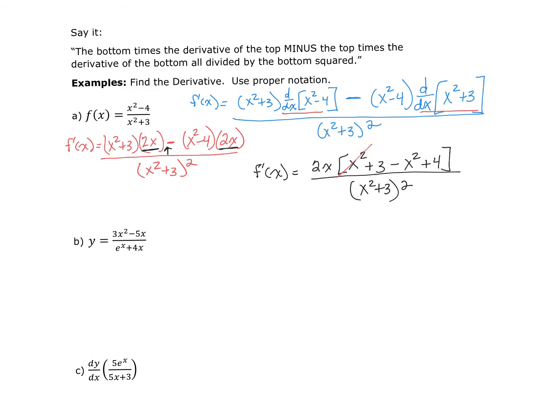And x squared minus x squared is going to add to 0. Our 3 plus 4 is going to add to 7. So we'll write the 7 here. So our final result is going to be 14x over x squared plus 3 quantity squared.